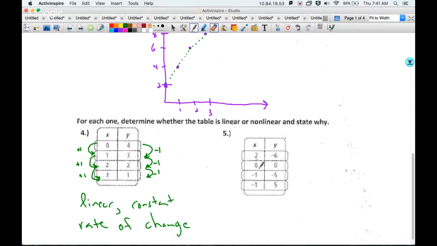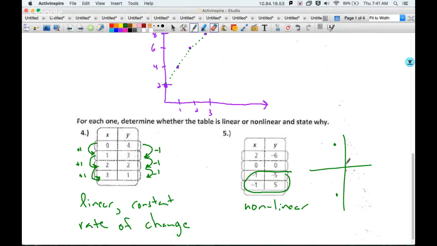Let's look at this one over here. There's something very interesting about this table. We have 2 values for -1. So that automatically makes this nonlinear. Those 2 values are going to be right on top of each other, -1, 5, and -1, -5. So the only straight line would go vertically through them.